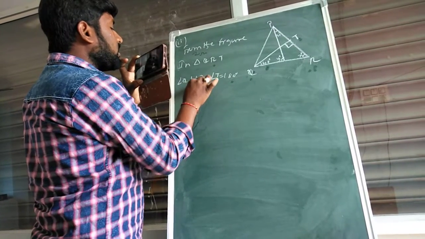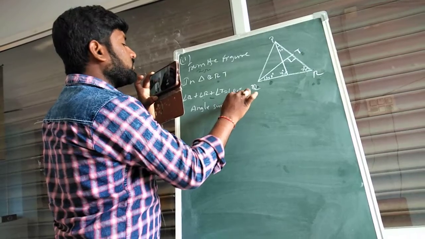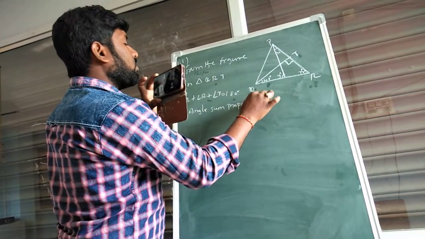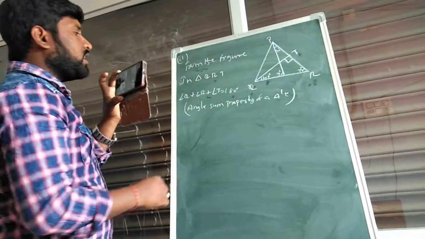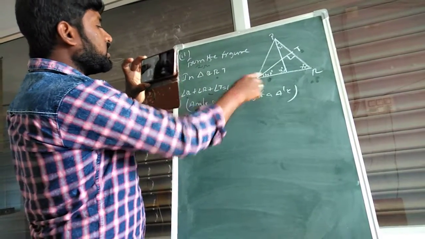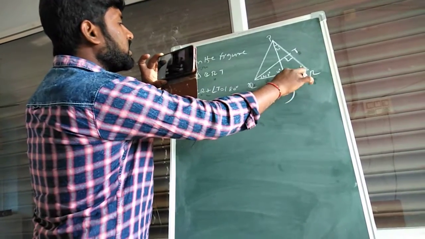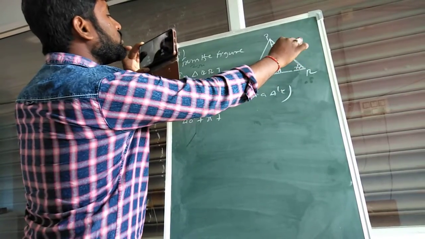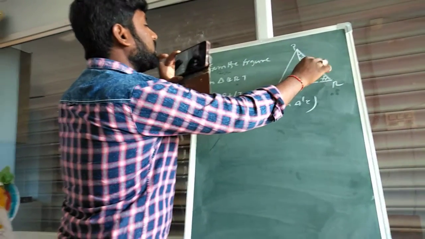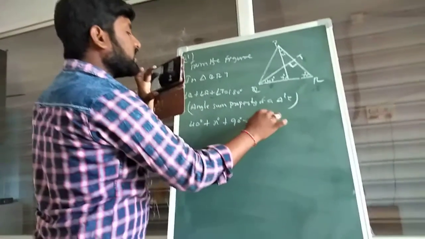This is the angle sum property of a triangle. Now angle Q is 40 degrees, plus angle R, that is x degrees, and angle T measures 90 degrees, equals 180 degrees.